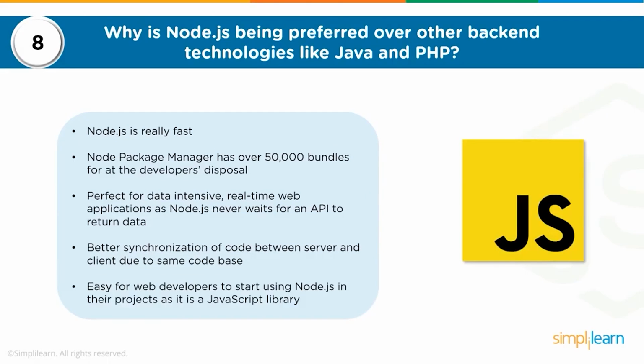And then finally, because Node.js is JavaScript, if you are making the pivot from being a front-end web developer to Node.js, it's just going to make it a lot easier for you to pick up Node.js because you have that common language of JavaScript. And on top of that, JavaScript is the world's most popular scripting language.